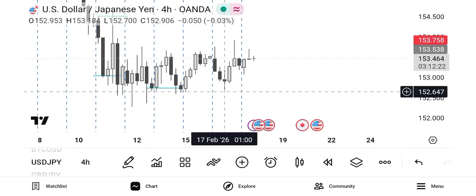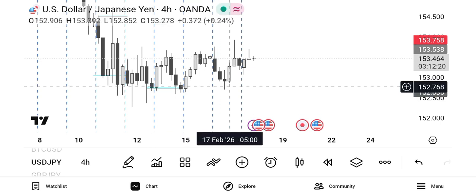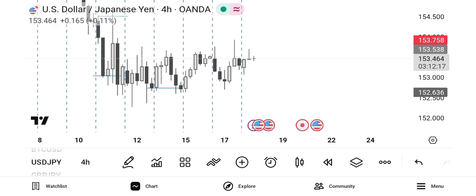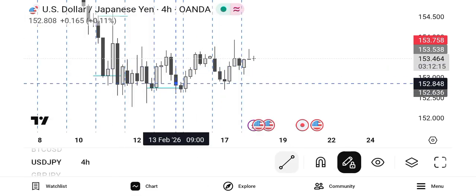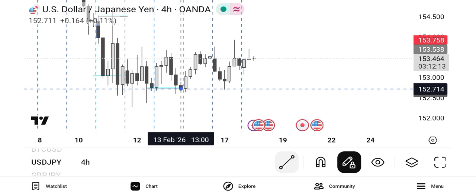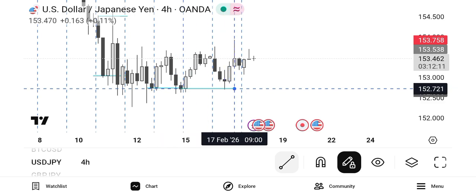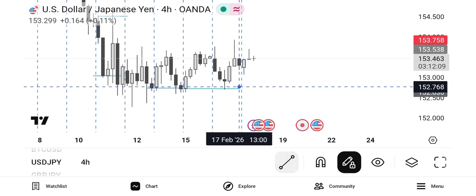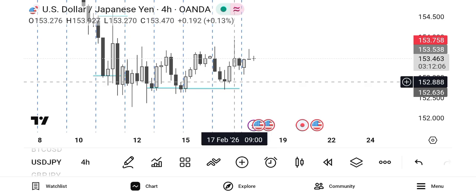This candle over here had tapped right here. So basically my entry above here was just a re-entry.